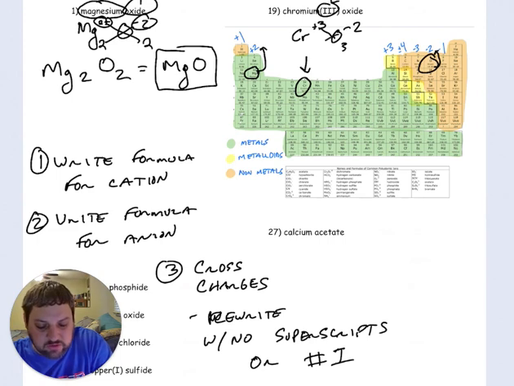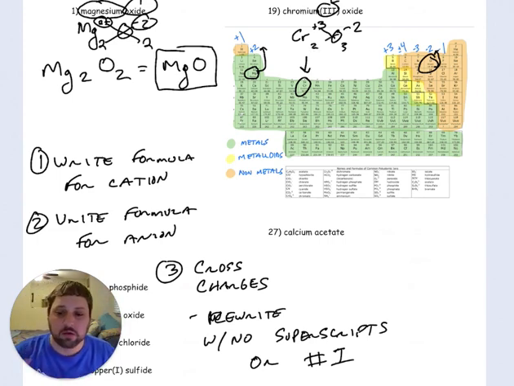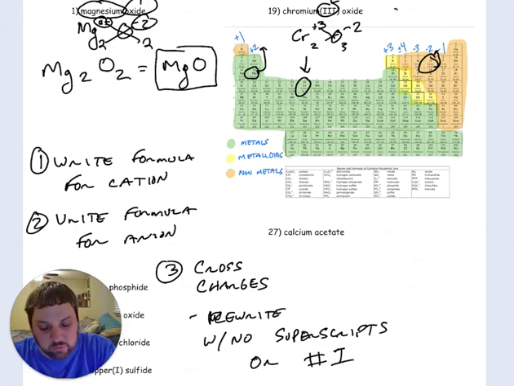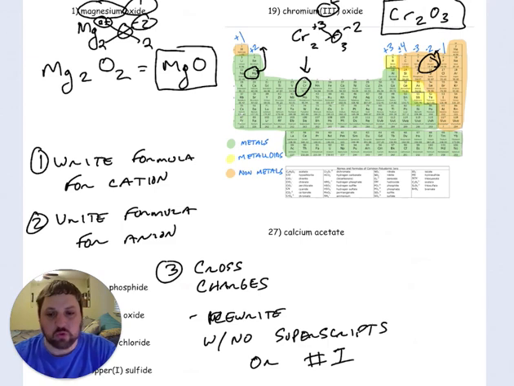The 2 from the top of oxygen comes to the bottom of chromium, and we rewrite it as Cr2O3. Chromium 3 oxide.